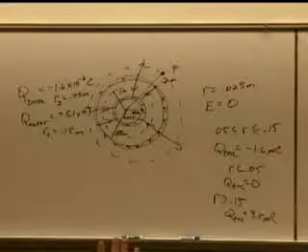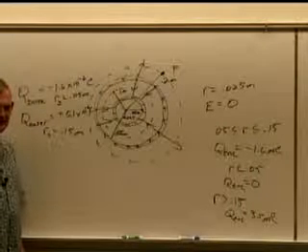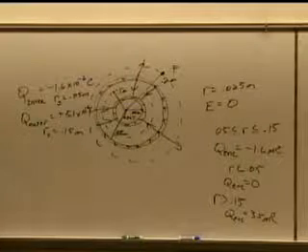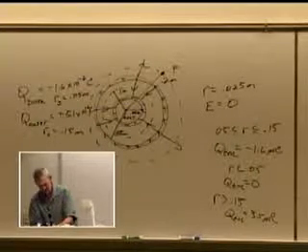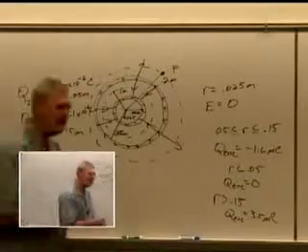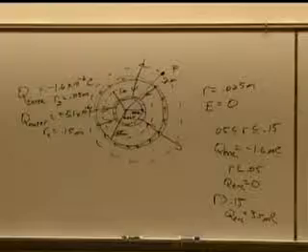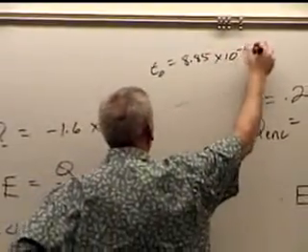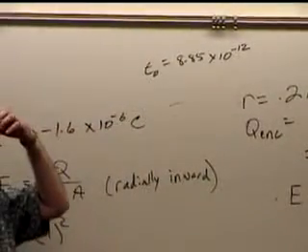Good question. Yes? What's the little epsilon naught in that equation over there? Permittivity of free space. It is equal to 8.85 times 10 to the negative 12. What are the units for it? Coulomb squared per Newton meter squared.